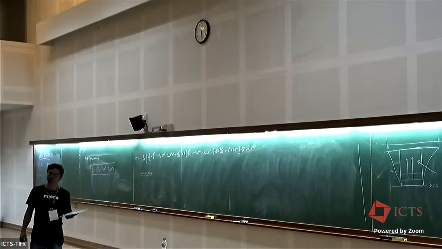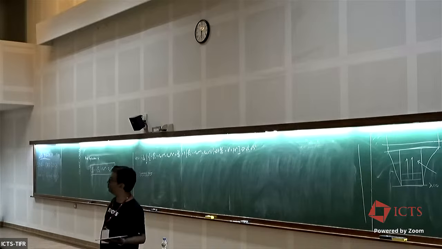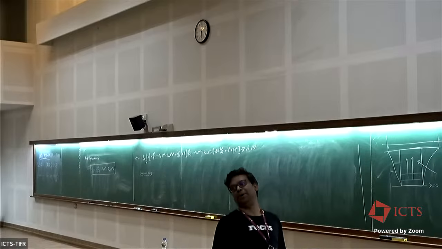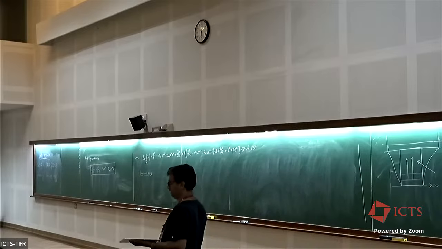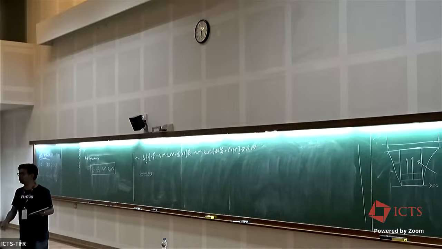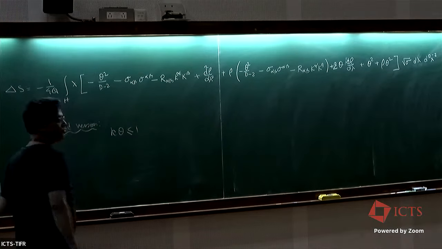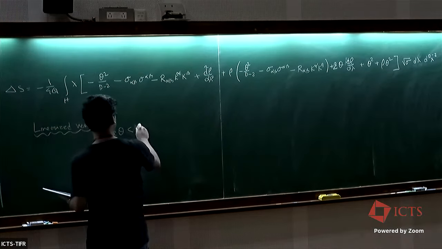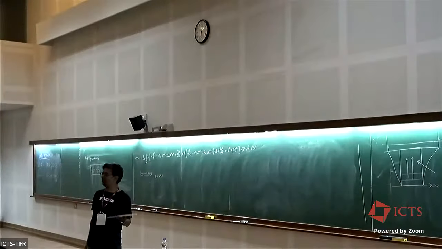What I will assume is that both thetas and sigmas are much smaller. These are changes, much smaller than the length scale provided by kappa. I can think of a dimensionless object which is kappa into theta. Kappa is the surface gravity of the background horizon, which is related to the mass of the background horizon. So I'll assume something like kappa into theta much less than 1, which means compared to the mass of the black hole, the perturbations are small.